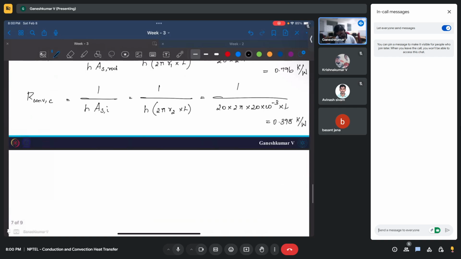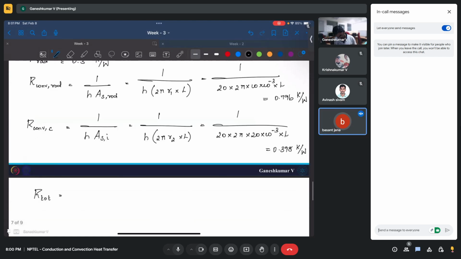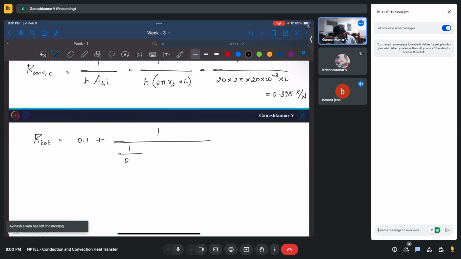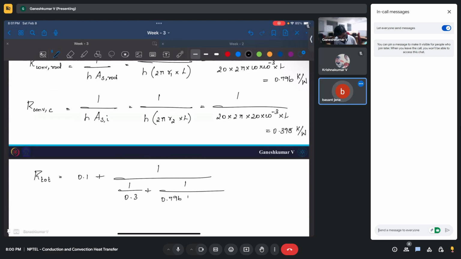Once you find all the resistances, you can find the total resistance, which is going to be 0.1 plus 1 divided by (1 by 0.3 plus 1 by 0.796) plus 0.398.